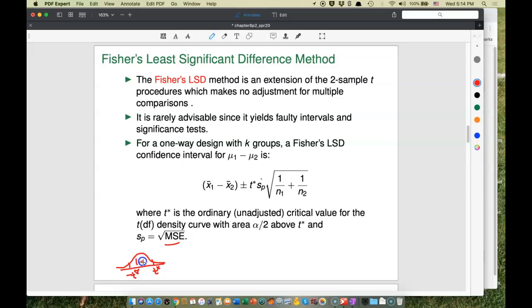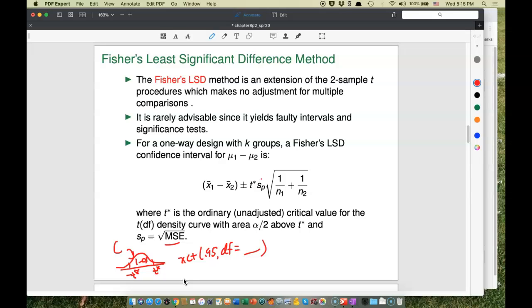So the area inside is 1 minus alpha, or our confidence level. So if we wanted to be 95% confident, we'd be looking for something like the exact t of 0.95 with the degrees of freedom equal to whatever it was. And that would be our multiplier. Okay?